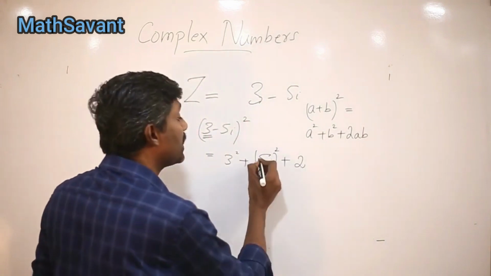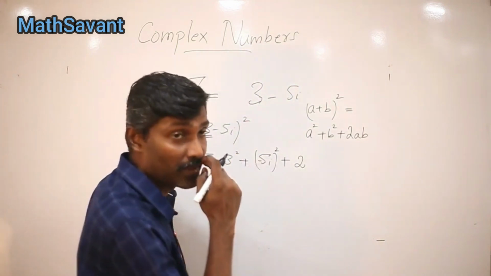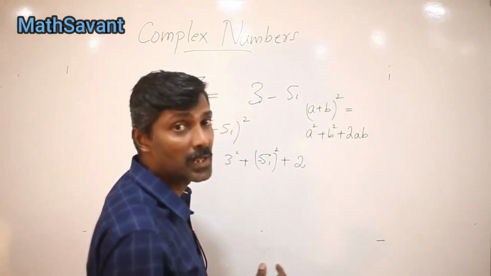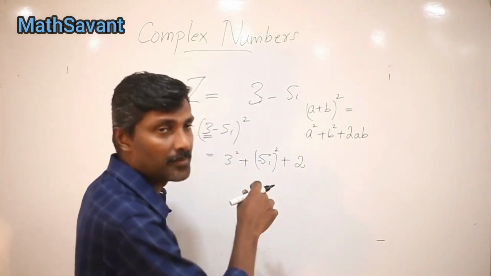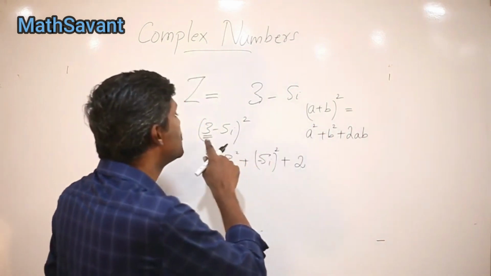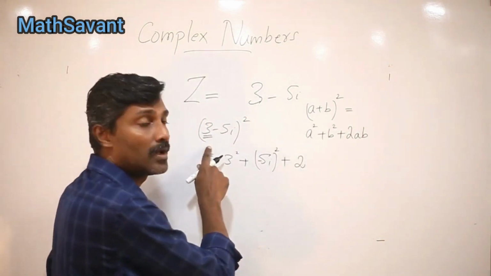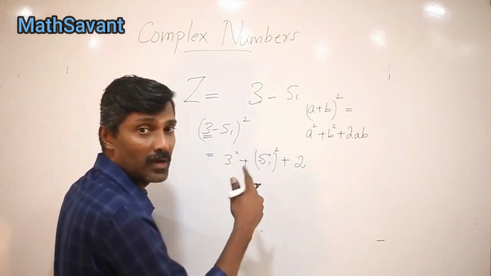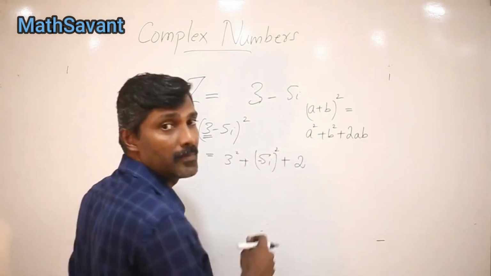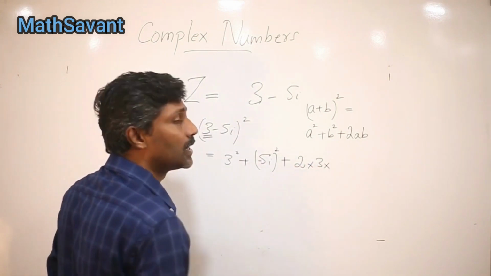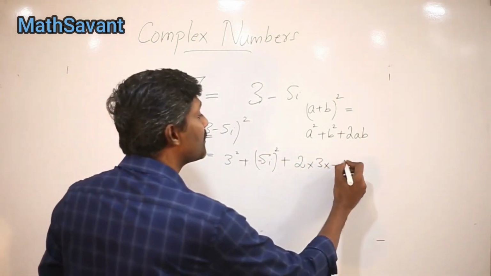Actually, I have to write minus 5i here because b is minus 5i, okay. I have applied a plus b the whole square. You can also use a minus b the whole square, but I have used a plus b here. So here a is 3 and b is minus 5i. So a square is 3 square, b square is minus 5i the whole square, and 2ab means 2 into a, which is 3, and here b is minus 5i.